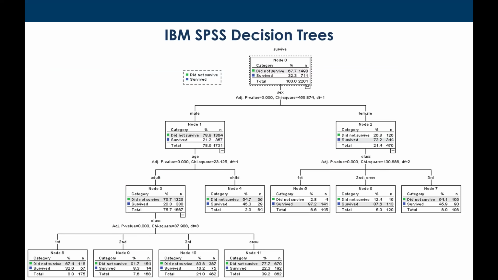Here's an example of a decision tree that looks, for example, at survival on the Titanic. Here we have it. It finds the key factors that drive survival on the Titanic. Here it's finding the factor sex or gender to be the primary thing which drives it. Here it is. It's running a statistical test.